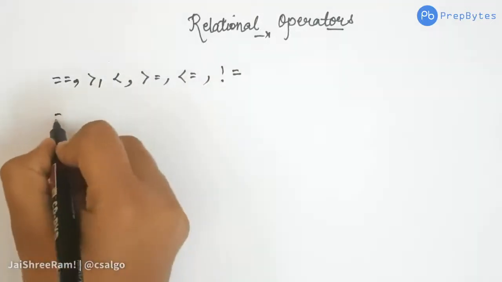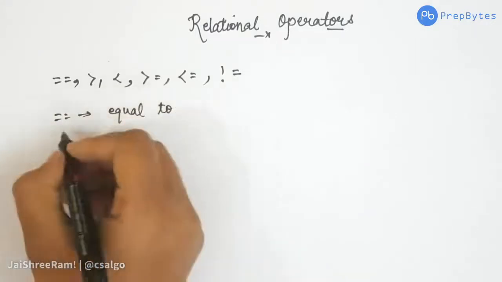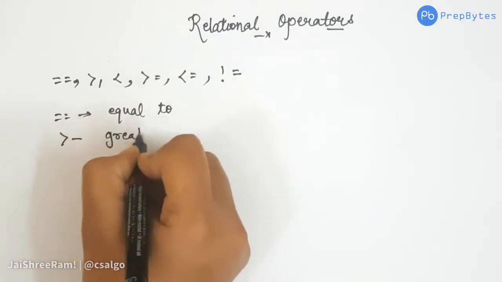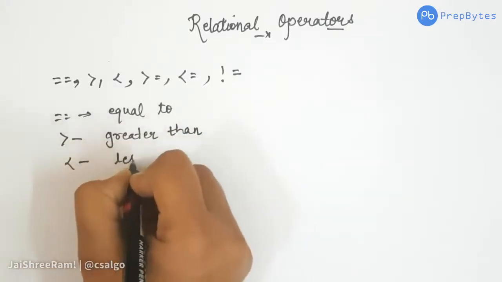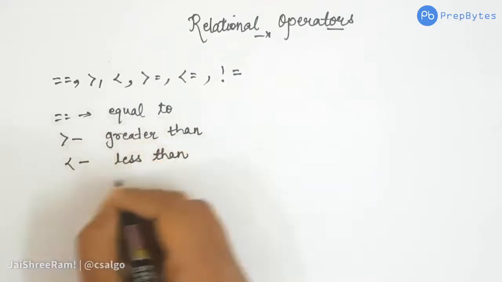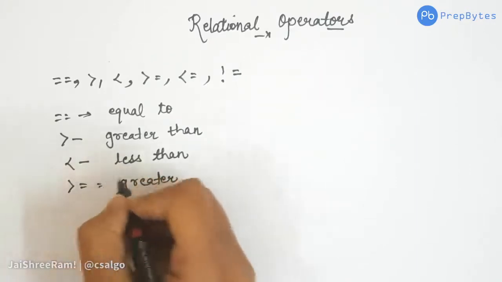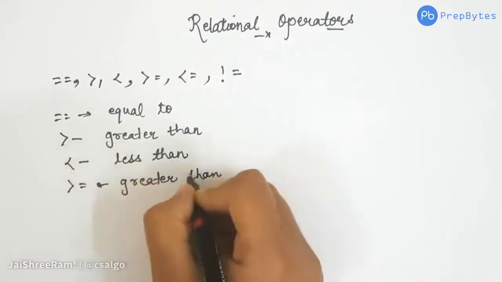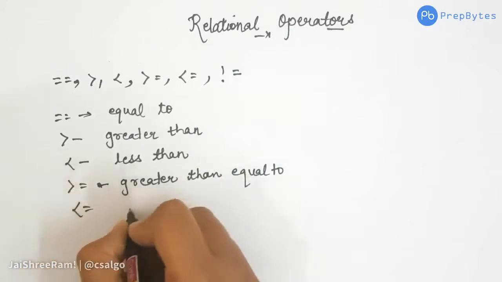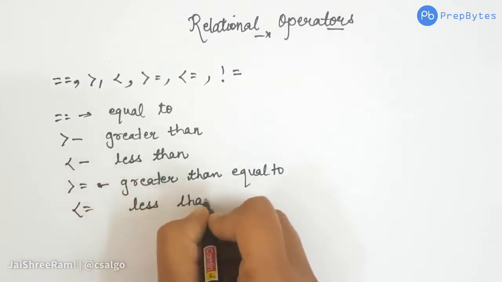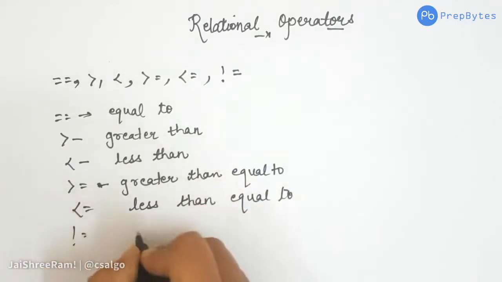So I'll write down the definitions. This is equal to, this is greater than, this is less than, this is greater than equal to, this is less than equal to, this is not equal to.